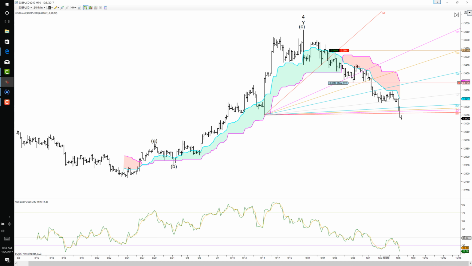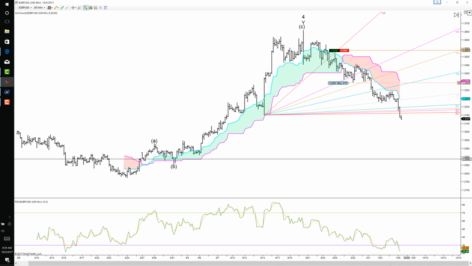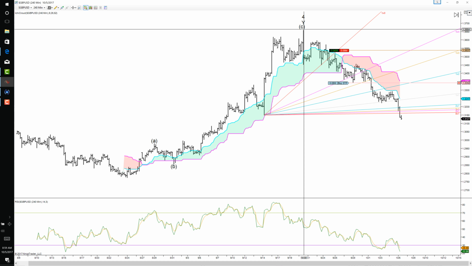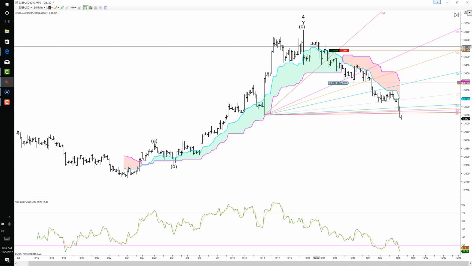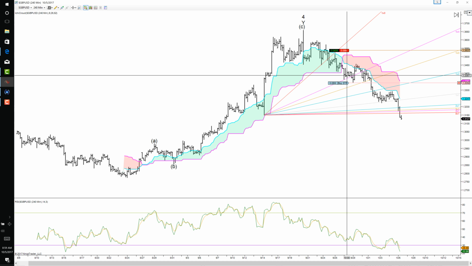As you can see here in the RSI, it's already oversold. So at some point, we're going to see a spike up in the opposite direction, which will basically say that this can be a 1 here, a 2, a 1, 2.